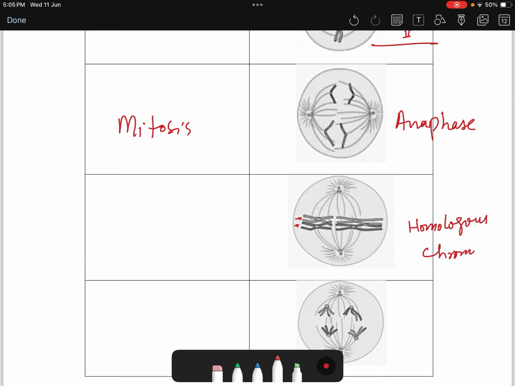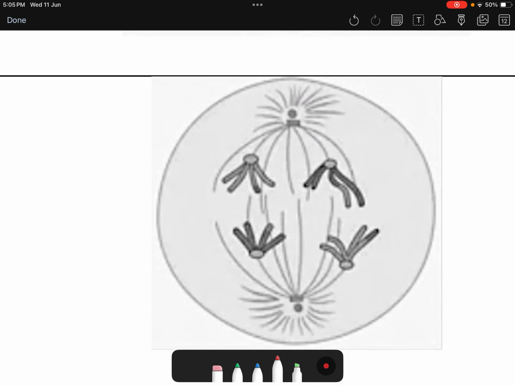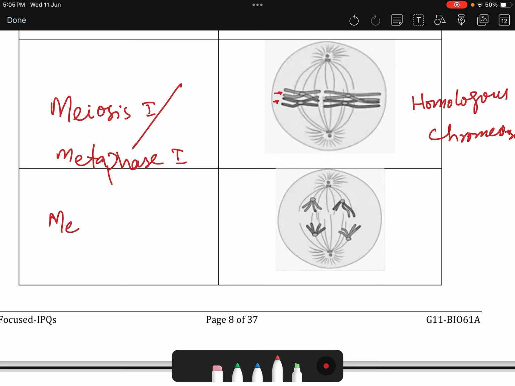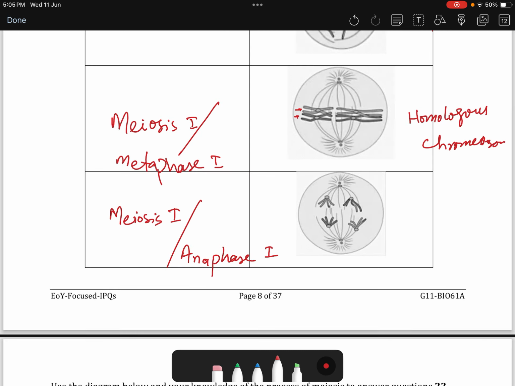That's why this is meiosis 1. And what else, if you don't say meiosis 1? It is metaphase 1. And then you see over here the homologous chromosomes moving to opposite poles. It's again meiosis 1, or anaphase 1. Okay, so this is how you do it.